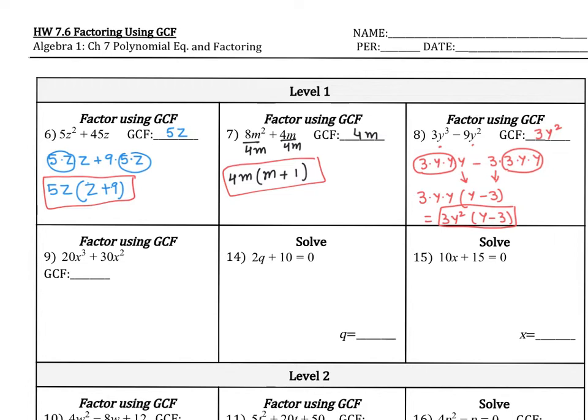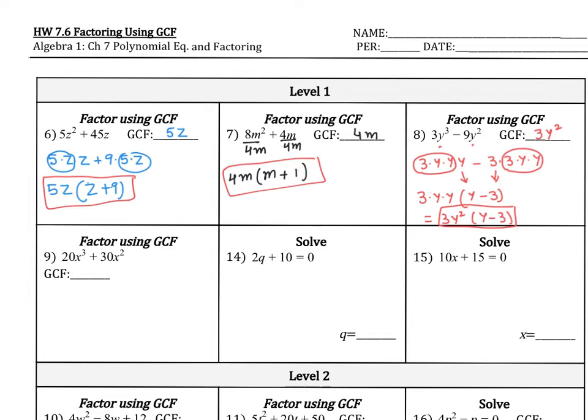You can do the problems like that. Once you decide, divide them, or you can break them down and see what is common in the first term and second term. What I'm doing for the next one, for number 9, I'm using this method.